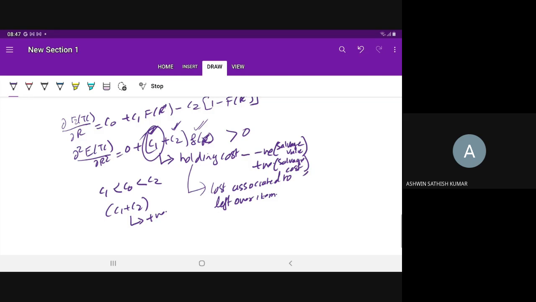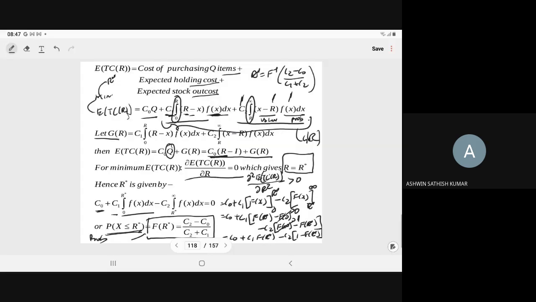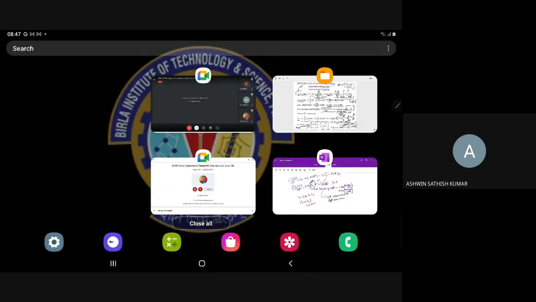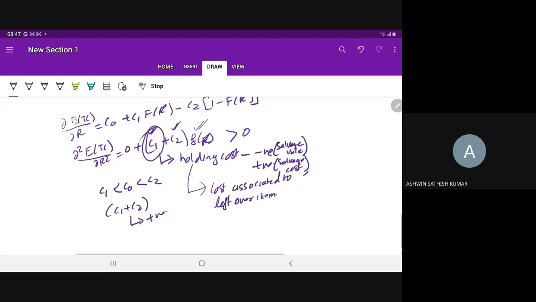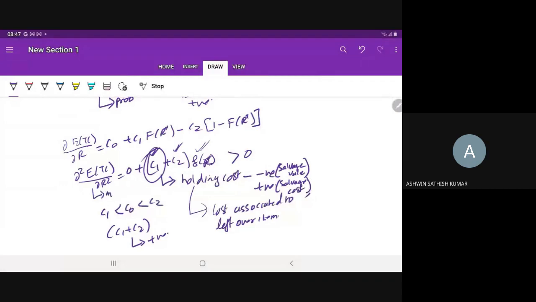It is immaterial. You can see that this quantity is coming positive, and C1 plus C2 being positive implies, by calculus, that we have the minima.